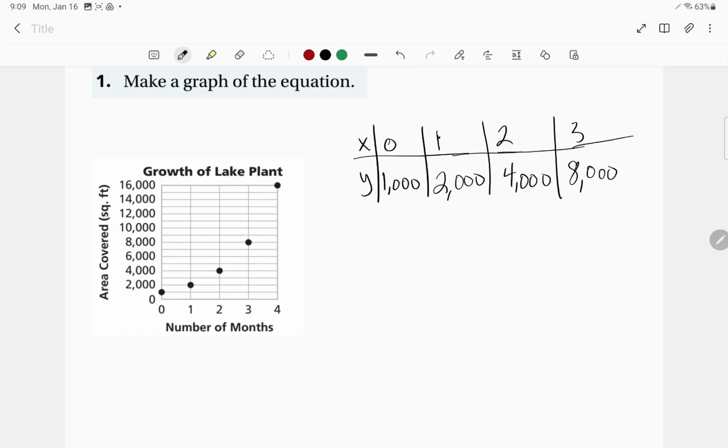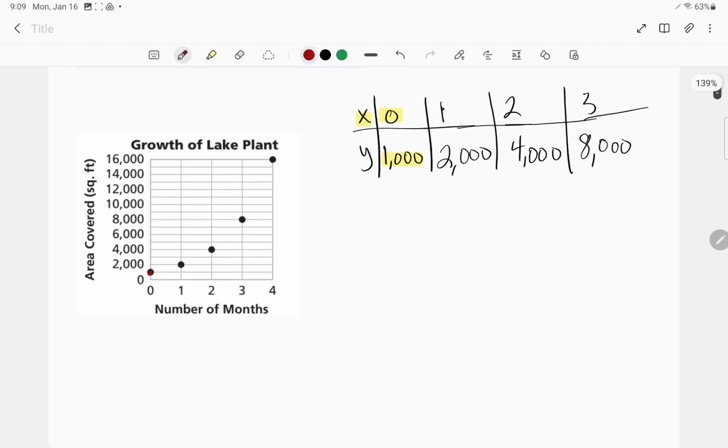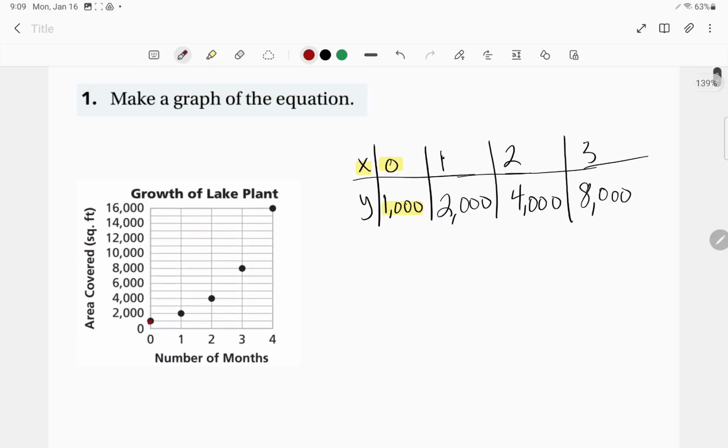Okay, so first of all, let's take a look at our table. Remember, these are the months. So at 0 months, that's your starting value of 1,000. So on our graph over here, right here, you're at 1,000. When you're setting up your graph, having your table is going to help because remember, this is your dependent, which is your y-axis. That would be this axis right here. And you know it grows really quickly.